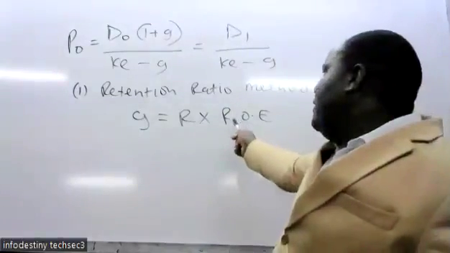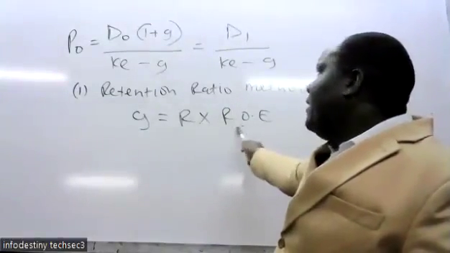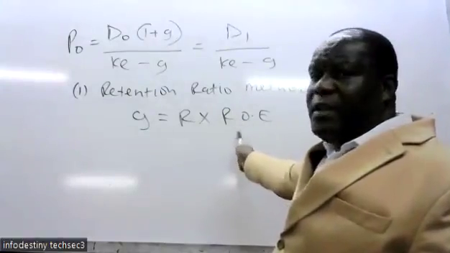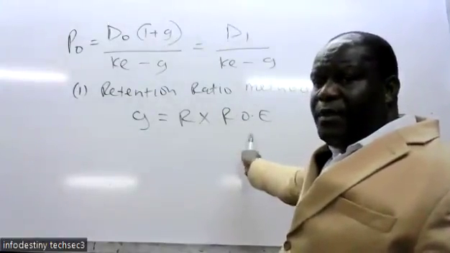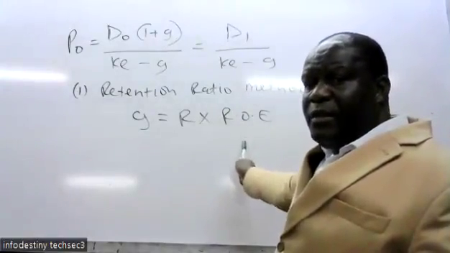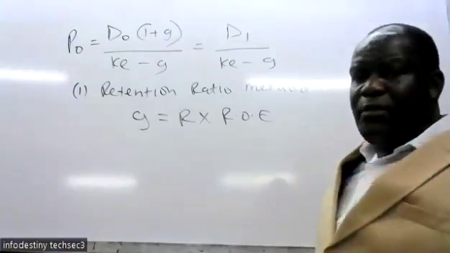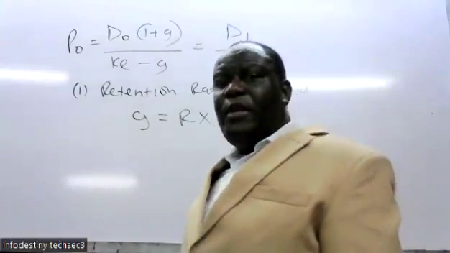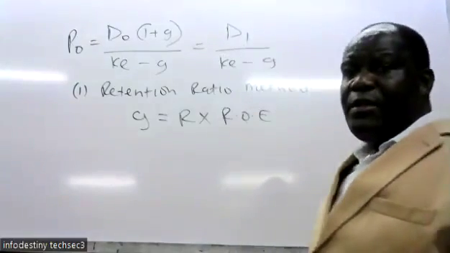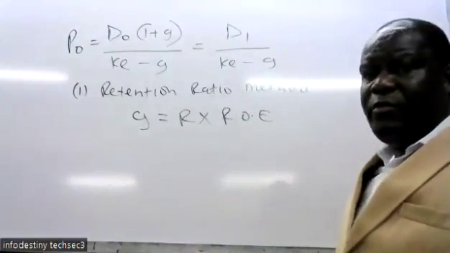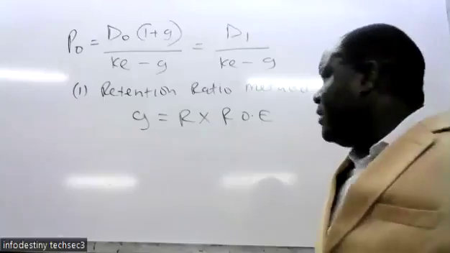Then this one is the return on equity. So that's now how to get the growth rate when we use the retention ratio method.